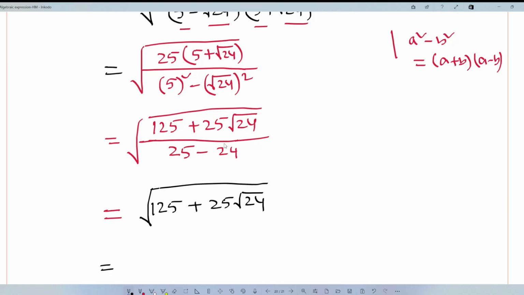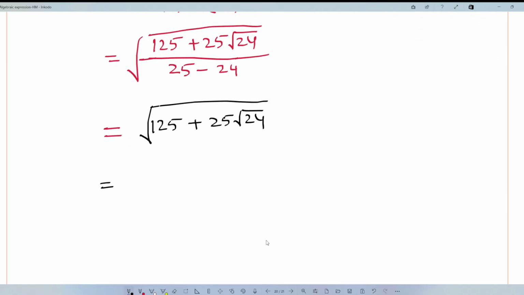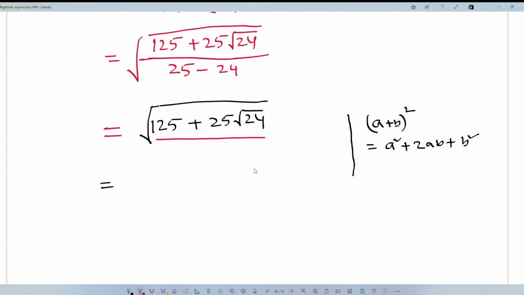Now in this scenario we have to keep in mind the a plus b whole square formula. It means a square plus 2ab plus b square. We have to look for the expression that looks like a square plus 2ab plus b square. So first we have 125 plus 25 root 24.